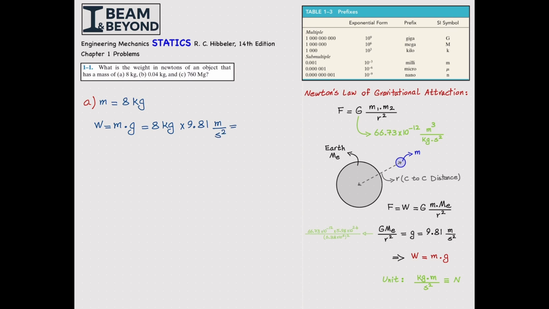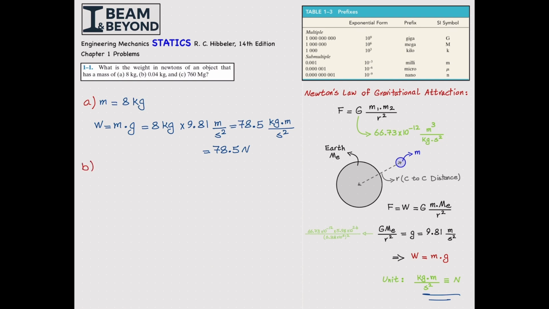This gives us 78.5 kilogram meters per second squared, which becomes 78.5 newtons.